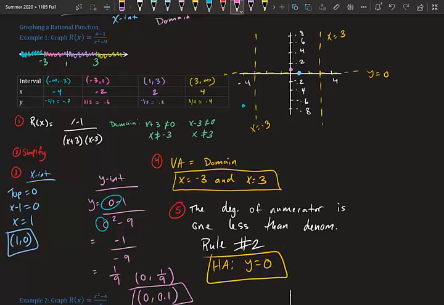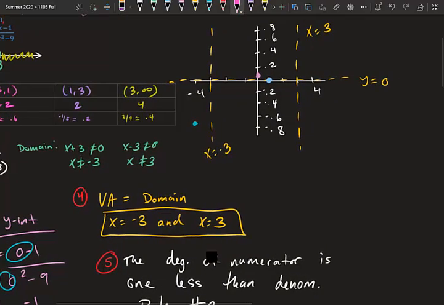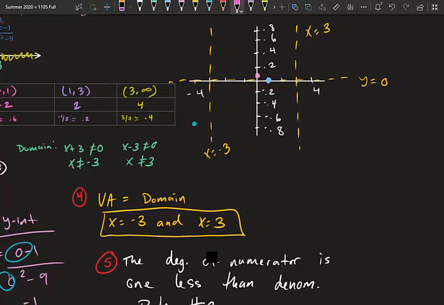We have -2, 0.6, so -2 and then 0.6. It's right there. Then we have 2, -0.2, so 2 and -0.2 is right here. And then last we have 4 and 0.4.